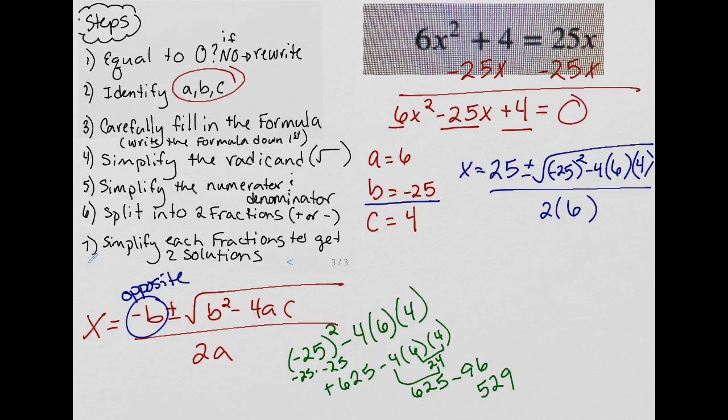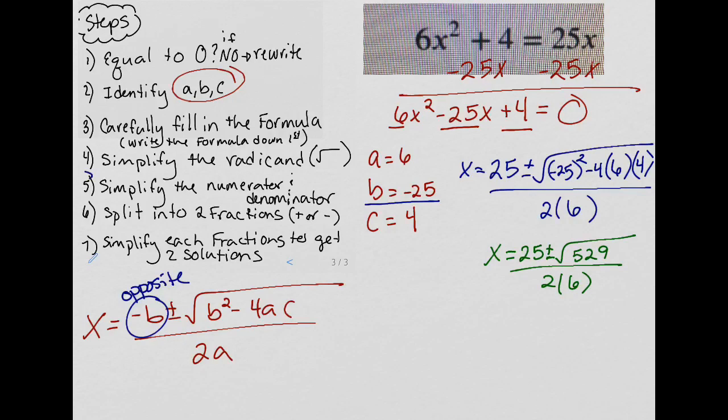So that is the simplified radicand. So now I'm going to rewrite it with x equals 25 plus or minus the square root of that radicand, 529, all over 2 times 6.